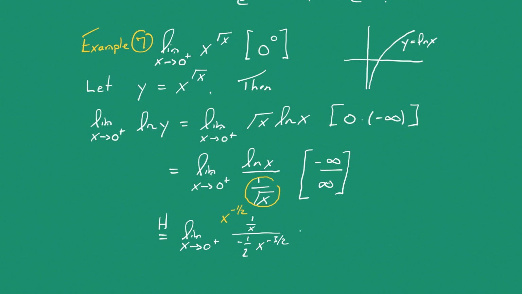Remember, after applying L'Hopital's rule, in other words, after differentiating numerator and denominator, you always want to simplify your new function before examining it as a limit. How can we rewrite this? Well, this minus 1 over 2x to the minus 3/2 in the denominator, we could write as minus 2 times x to the 3/2, and this over x.